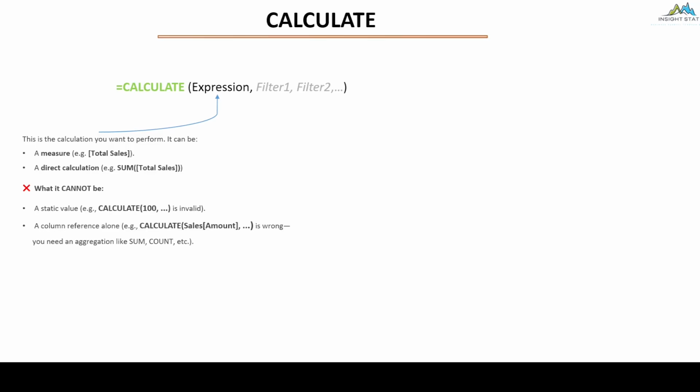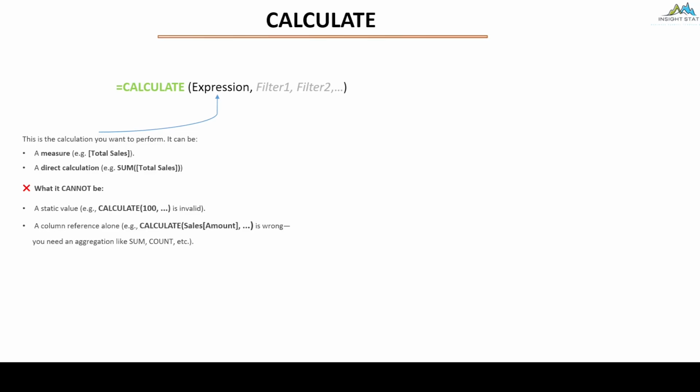It can also be a direct calculation, for example aggregating the sum of total sales, or taking the average, min, max, or count. But what we cannot include in the expression is a static value. A static value is invalid in calculate. We cannot directly say calculate 100, 150, 200, and so on.